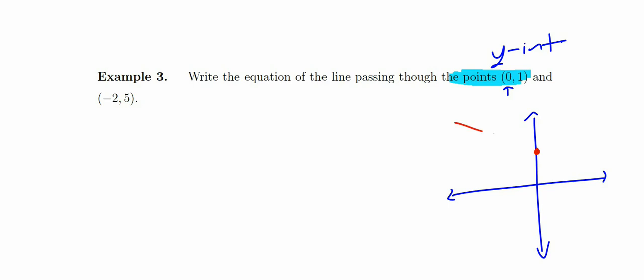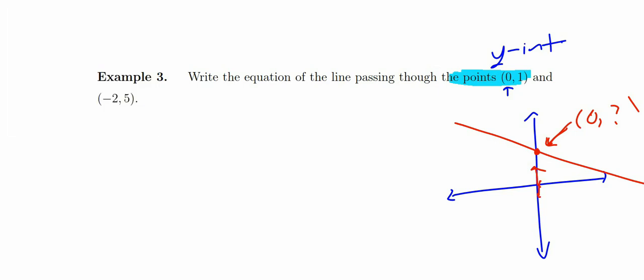Anywhere that something crosses the y-axis, that's the point (0, something), because we don't go left or right. We just go up or down to get there. So anytime that I see a 0 for the x-coordinate, that's the y-intercept, period.